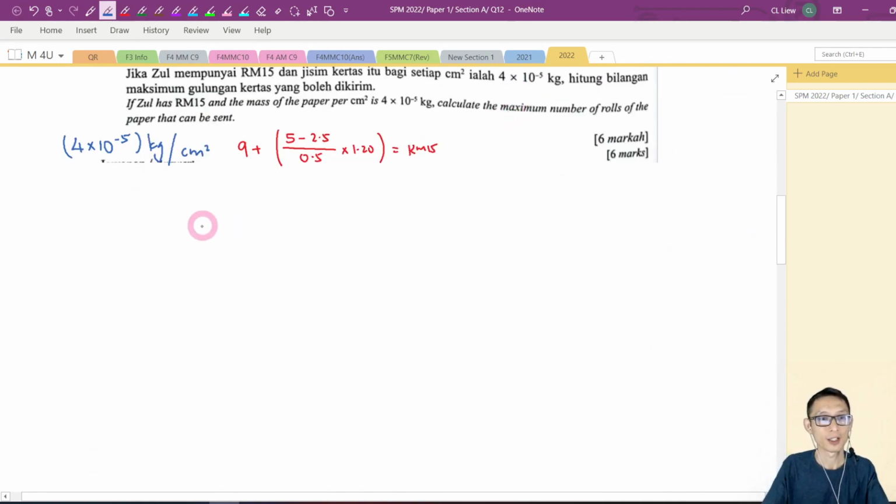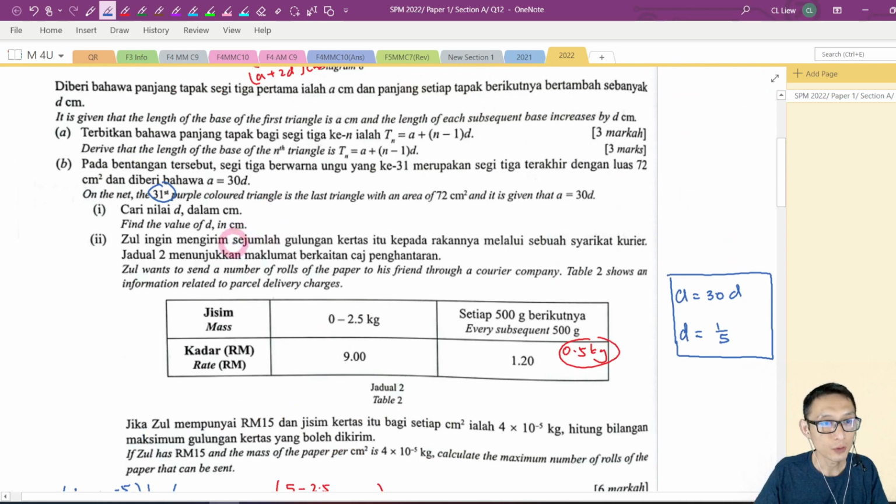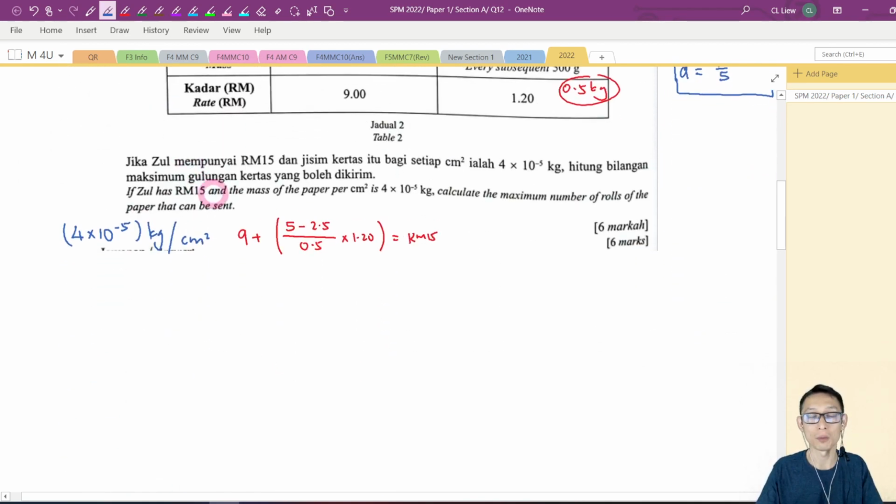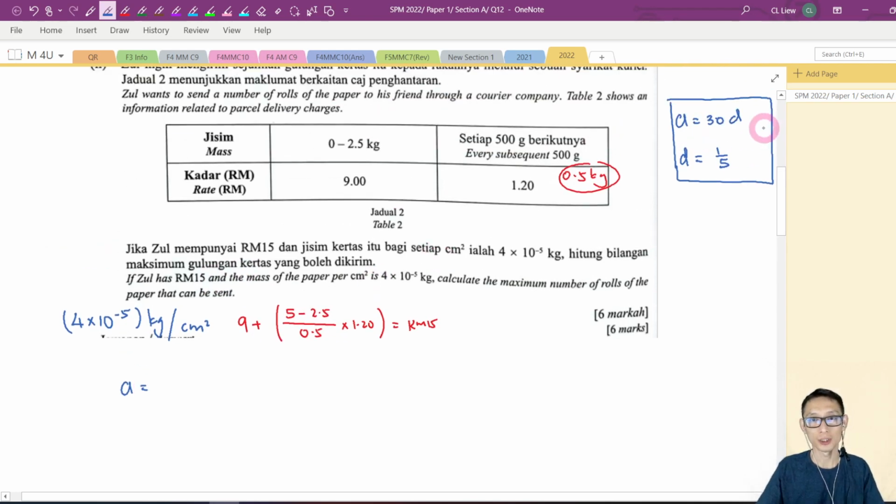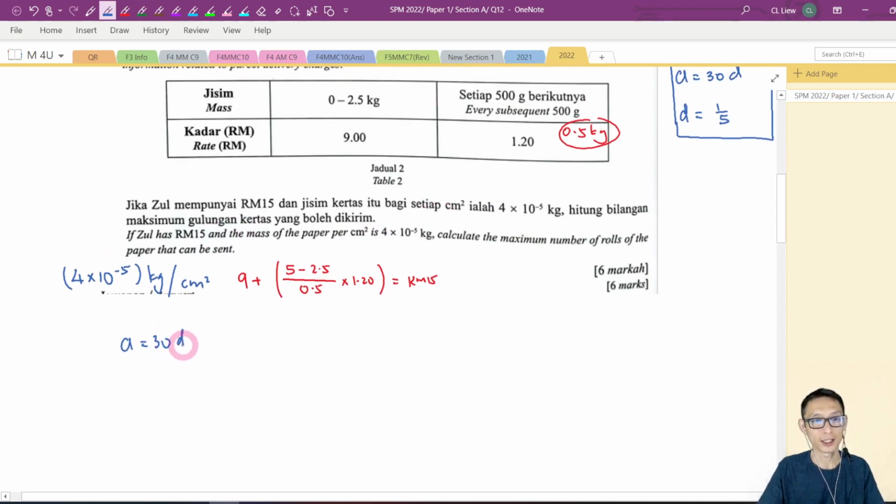Okay, the given by the questions, the last triangle is 31st, right? So we know that n is equal to 31. Okay, a is equal to 30d, and just now we got d is equal to 1 over 5.